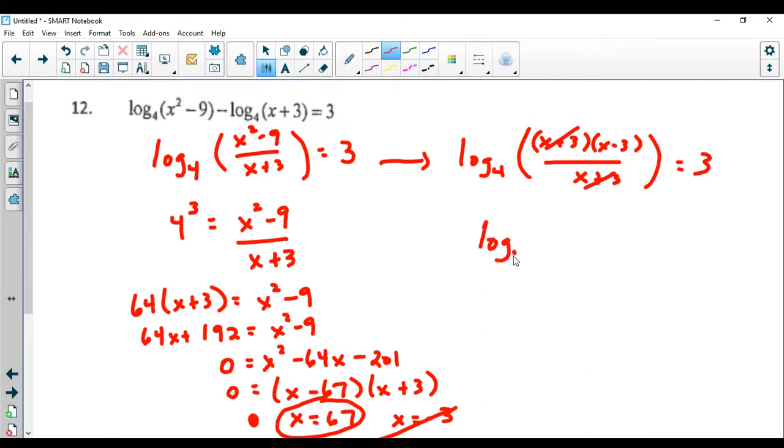So really what I'd be looking at is log base 4 of x minus 3 equals 3. And this makes my life a lot easier because the base is 4, exponent is 3, that equals x minus 3. And so 64 equals x minus 3, which means when I add 3 to the other side, I get 67. So that one actually could have been simplified earlier, and that would have made it a little bit easier to attack.